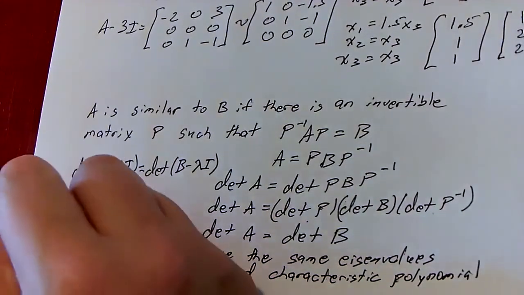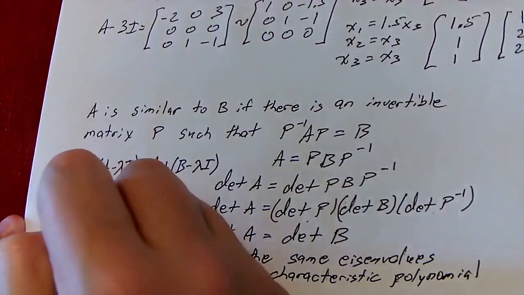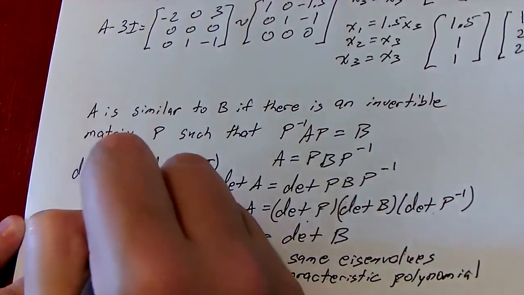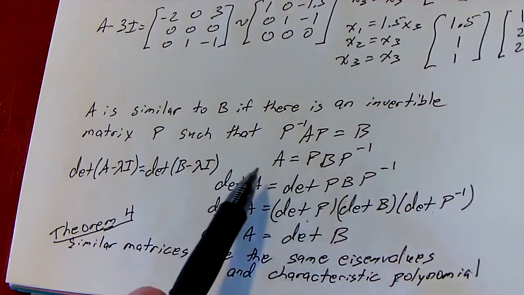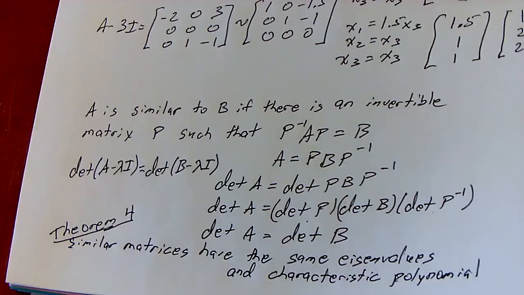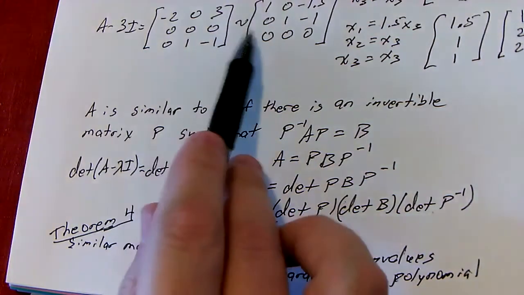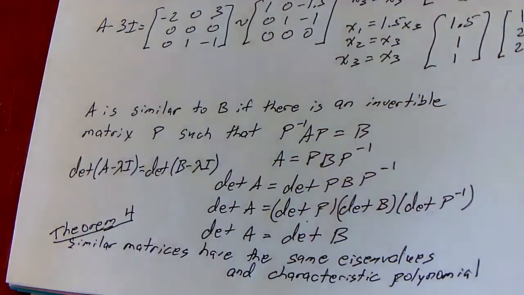Okay, and this is actually theorem 4 for chapter 5. Now it's important, I did not say row equivalent. Row operations did not come anywhere in this definition. So remember, you cannot use row operations to determine eigenvalues. We actually do use them to find the eigenvectors, but you can't use them to find the eigenvalues. So you can't use them to find the characteristic polynomials.